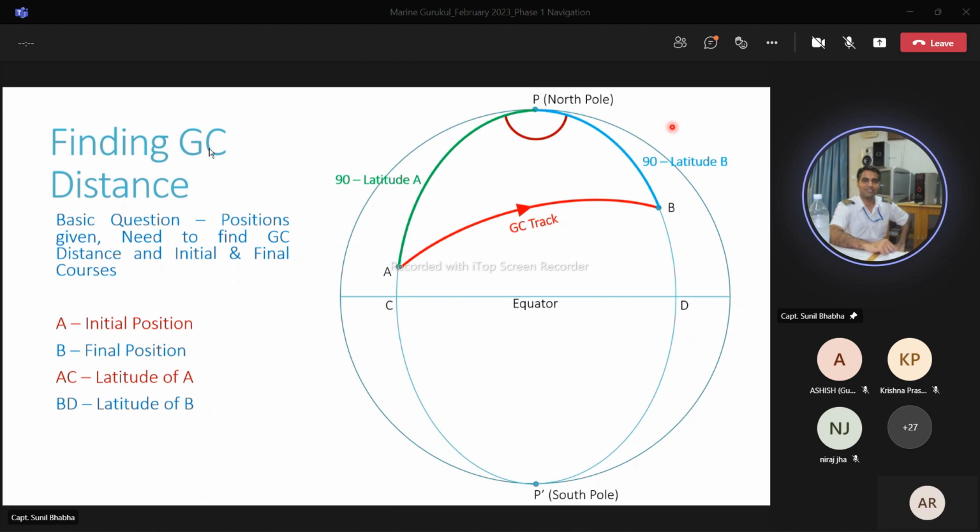So this is the difference of longitude or the D long between A and B. So can you say again the definition of D long, please? D long between two places is the angle at the pole contained between the meridians of those two places.